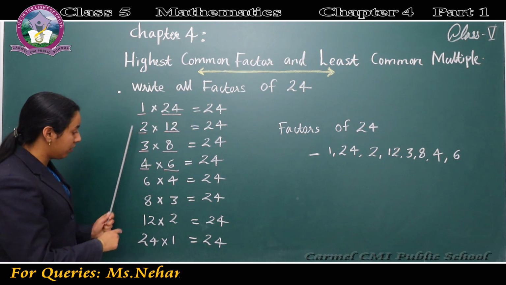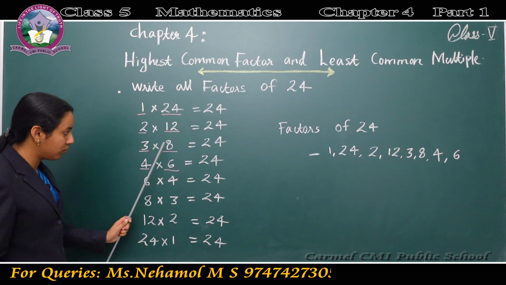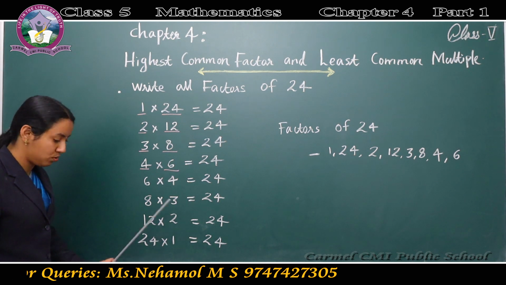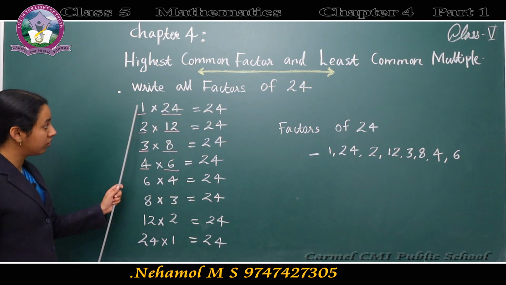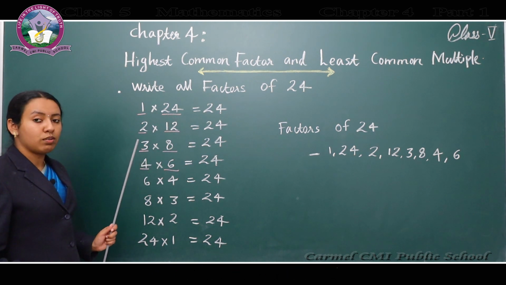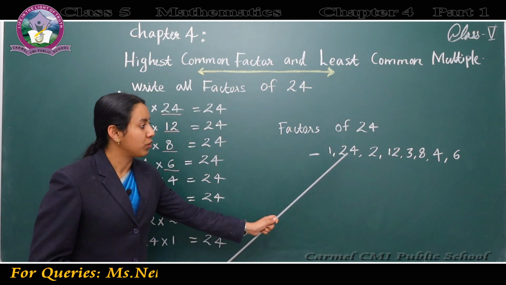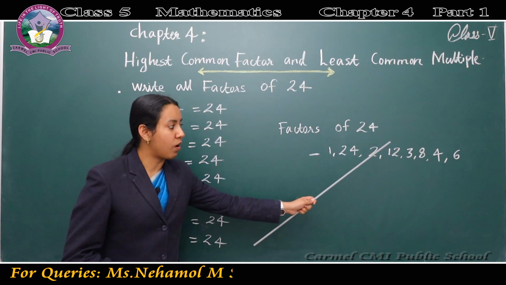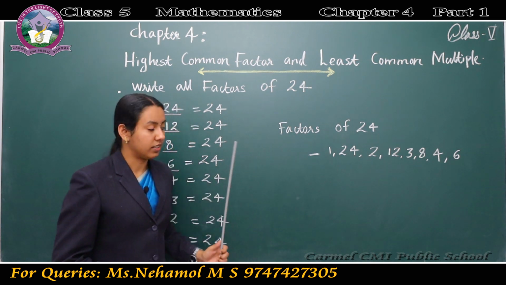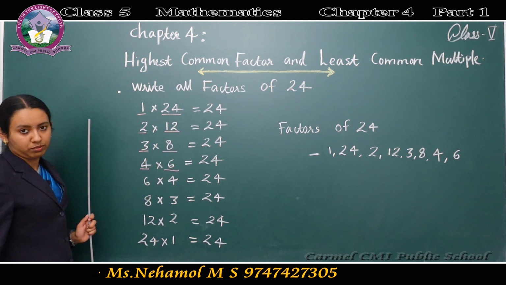From here onwards it is repeating: 4 into 6 and 6 into 4 are the same numbers, 3 into 8 and 8 into 3, 2 into 12 and 12 into 2, 24 into 1 and 1 into 24 are the same. So, factors of 24 are 1, 24, 2, 12, 3, 8, 4 and 6.